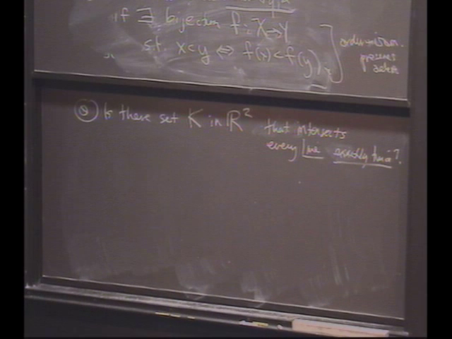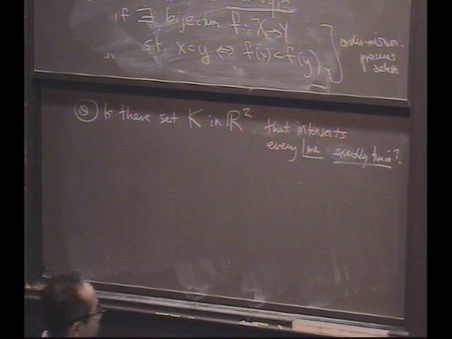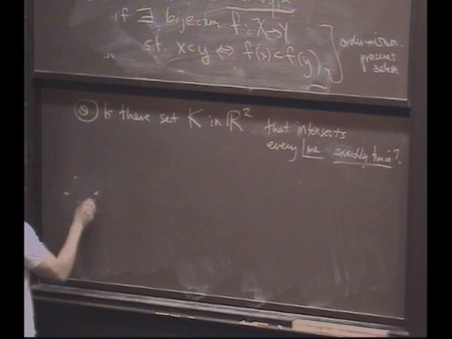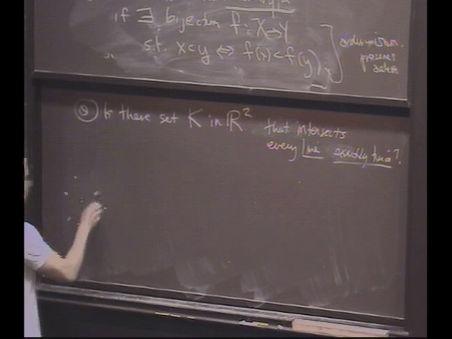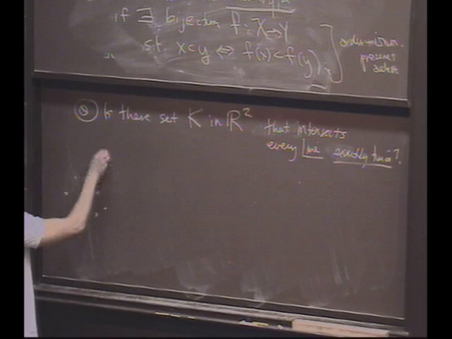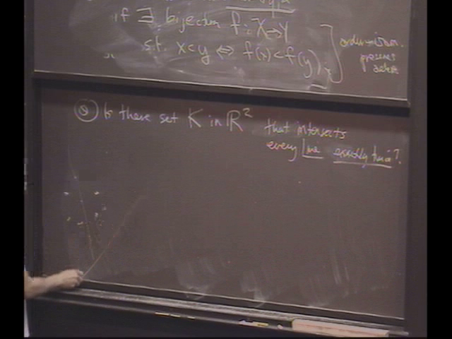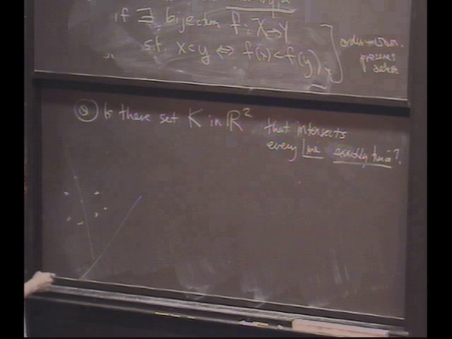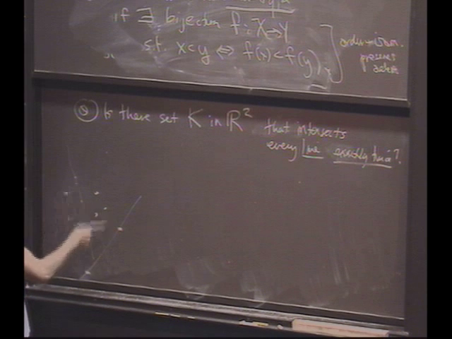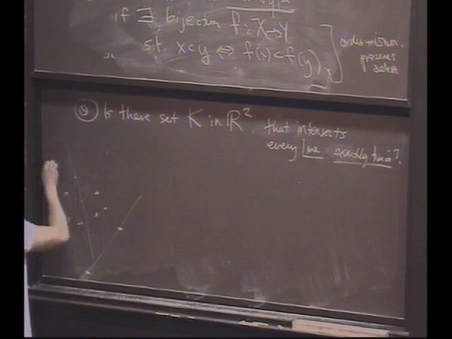What do you think? For instance, here's a set. Does this intersect every line exactly twice? No, right? Okay, well, does this intersect every line exactly twice?